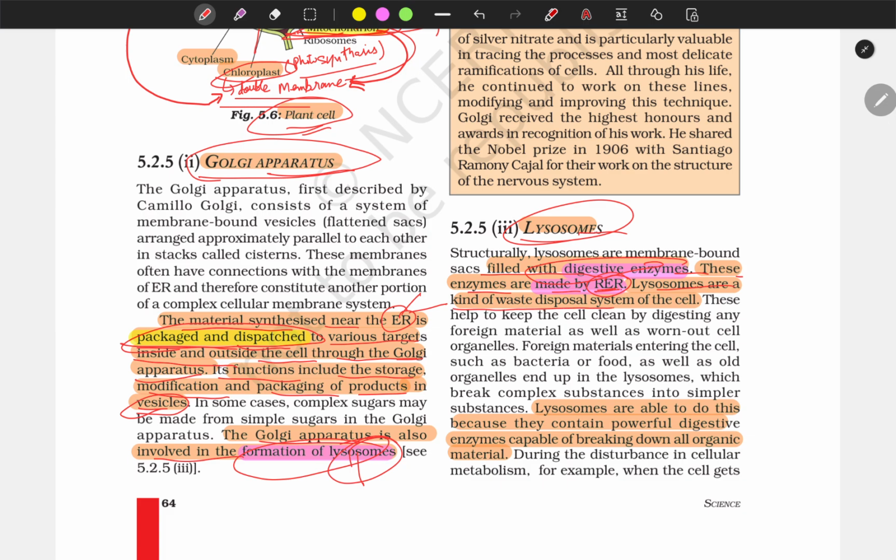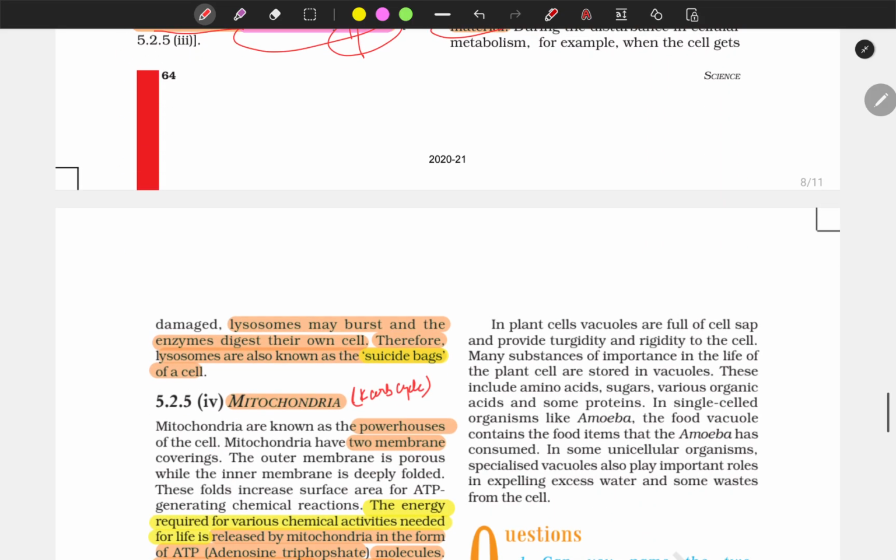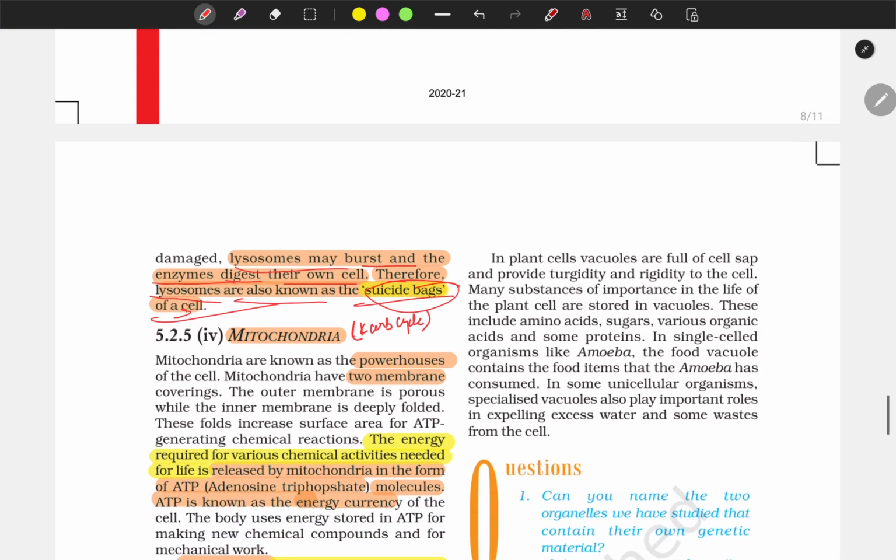Lysosomes are a kind of waste disposal system because they contain powerful digestive enzymes capable of breaking down organic materials. And lysosomes may burst, and the enzymes digest their own cell. Therefore, lysosomes are also known as suicide bags. This is important. They are the suicide bags of a cell.